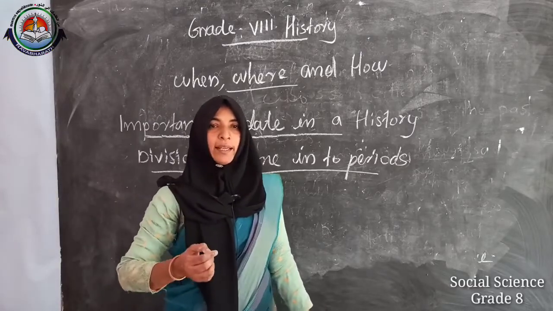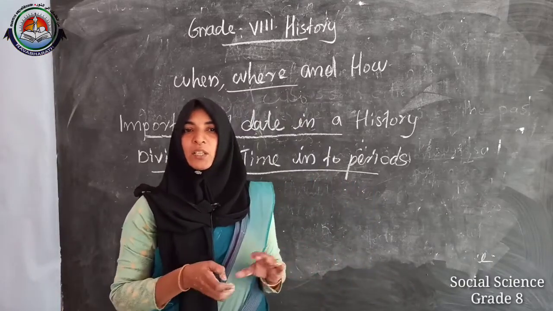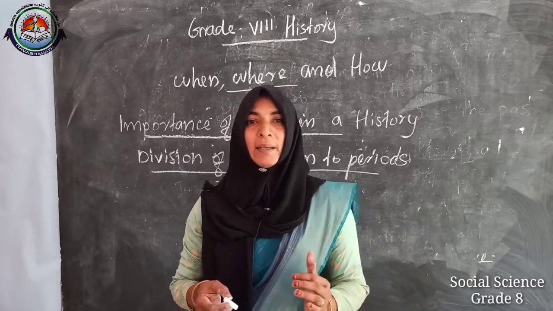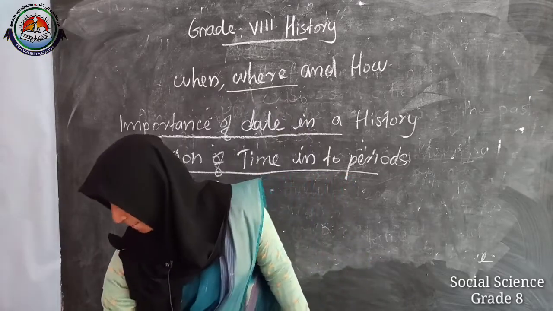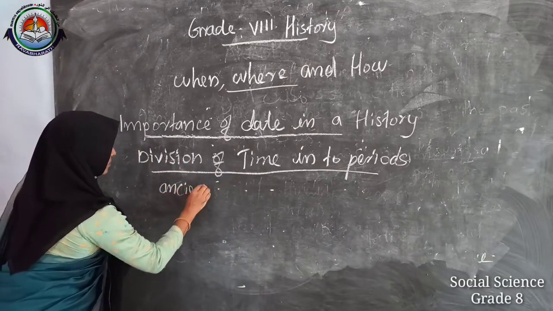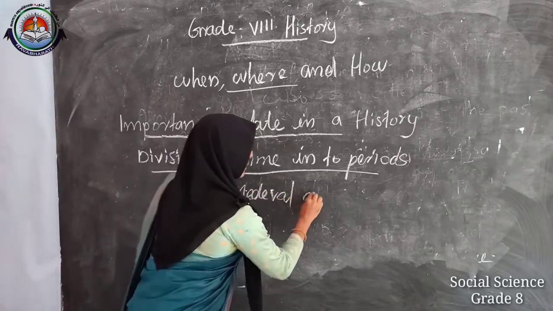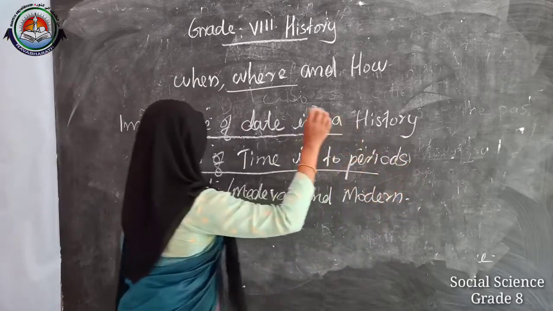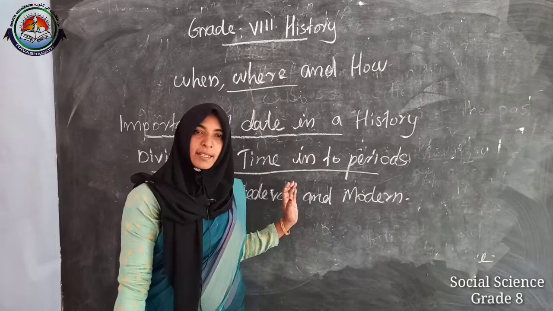New historians. Recently historians have divided our Indian history into three parts. That is known as ancient, medieval and modern. Who did that categorization?